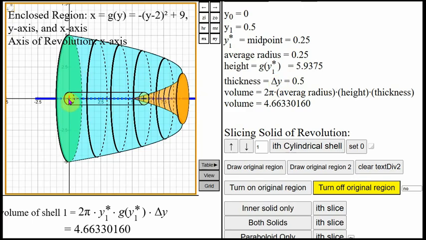So the first shell is between y equals 0 and y equals 0.5, and therefore the midpoint, right in the middle, is going to be 0.25.